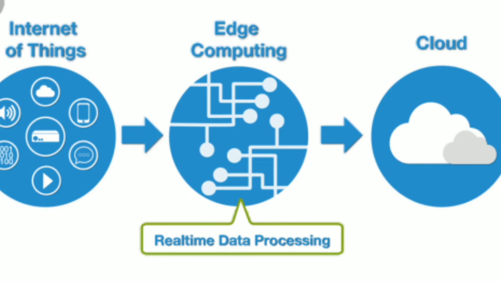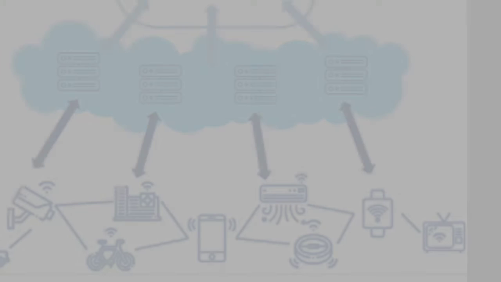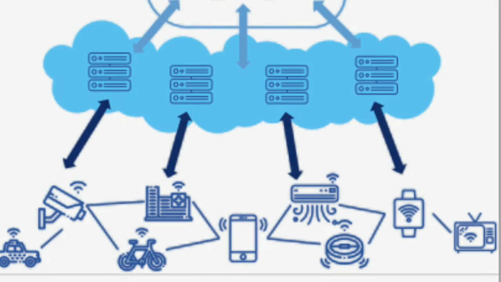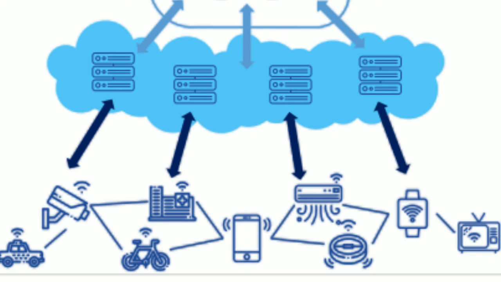In that definition, cloud computing operates on big data, while edge computing operates on instant data, that is, the real-time data generated by sensors or users.